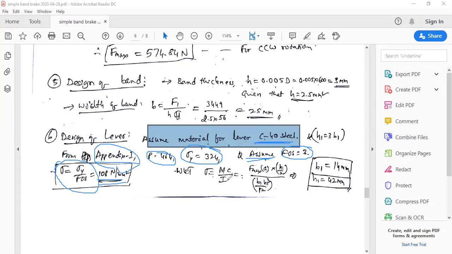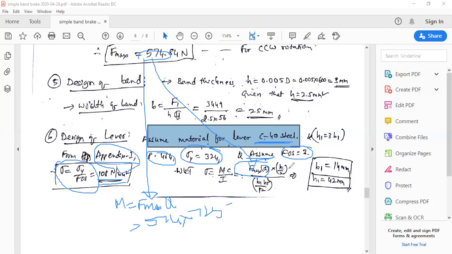Once you substitute here, M is equal to F max into A. F max is 574, so 574 multiplied by 725 is to be used here, and then h1 by 2. h1 is not given, so we have to assume that h1 is 3 times b1.